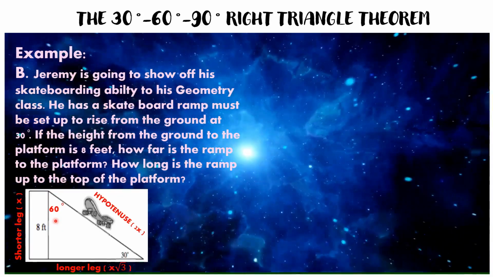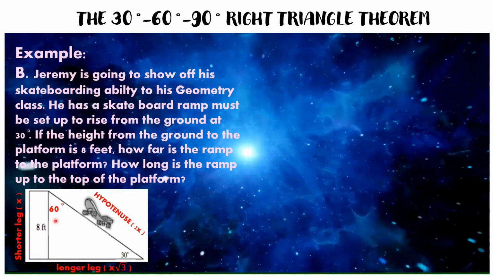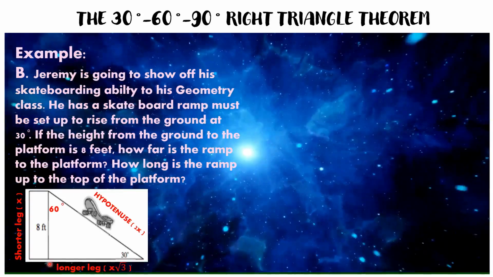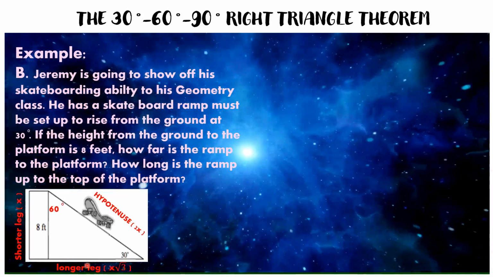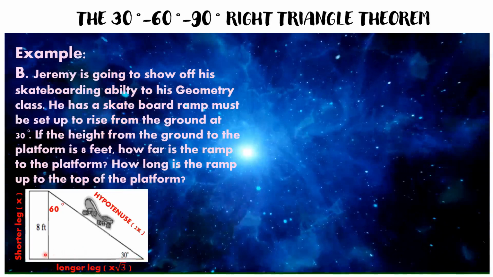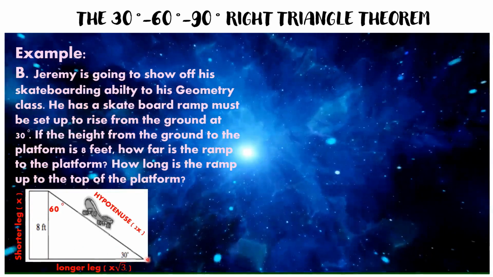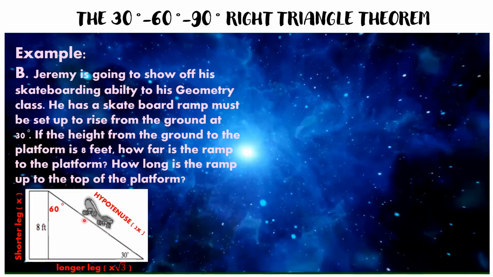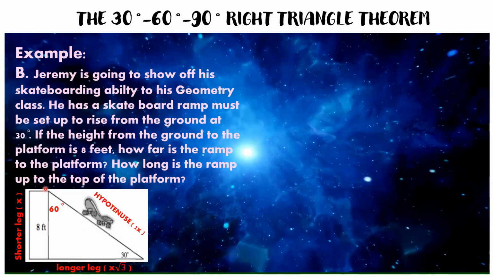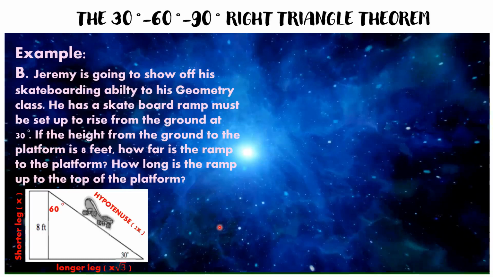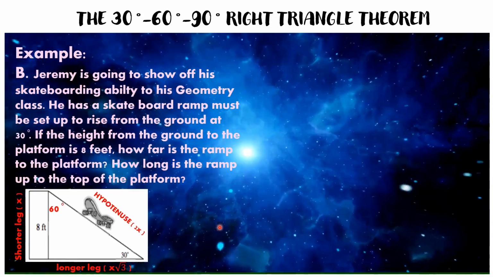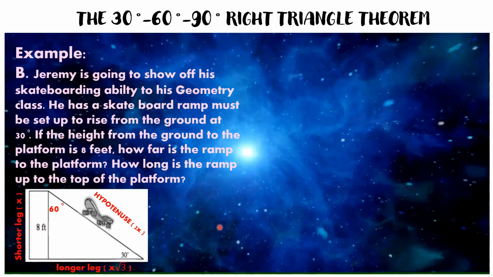Ang kailangan nating hanapin dyan ay gaano kalayo yung ramp mula doon sa platform. So, yun po yung longer leg natin. And then, gaano daw kahaba yung ating ramp, ito po yun, mula doon sa top ng ating platform. So, ang unknown po dito or ang kailangan nating hanapin is the length of the hypotenuse and the length of the longer leg.